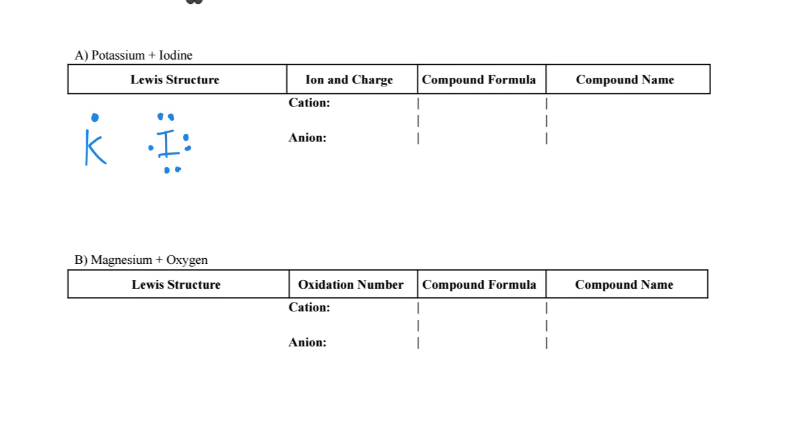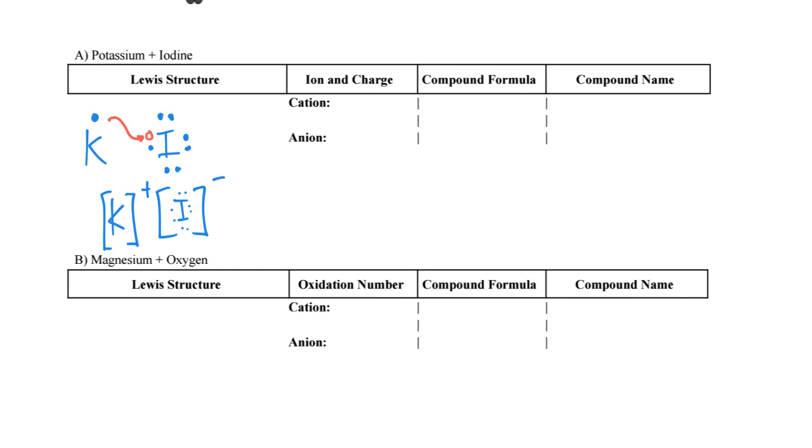All right, so let's show this reaction happening. The more electronegative iodine will steal this electron from potassium. It's going to come right over here, and the end result will be I have a potassium ion. And now because it lost an electron, it has a positive charge. And I'll have an iodine ion. And we can give it its 8 electrons. And because it gained an extra electron, it now has a negative charge.